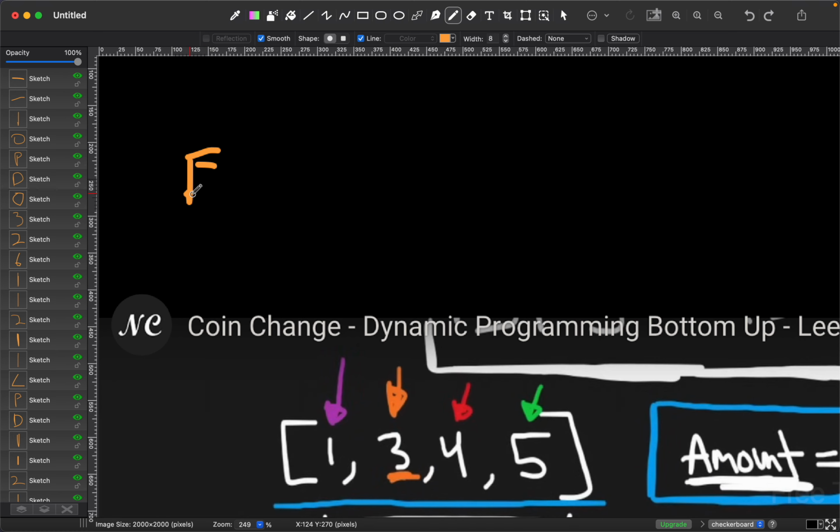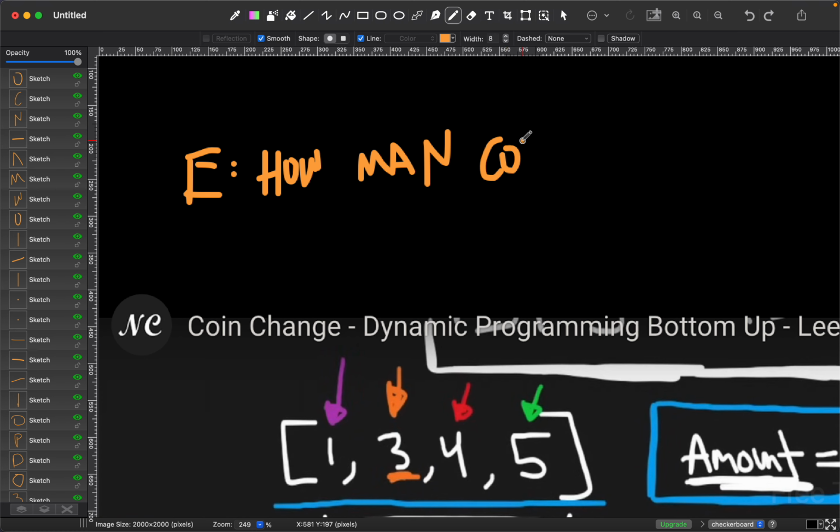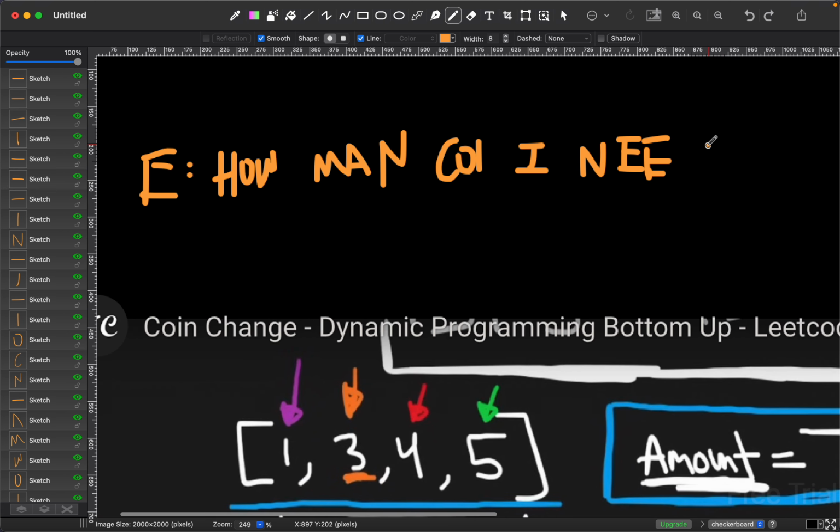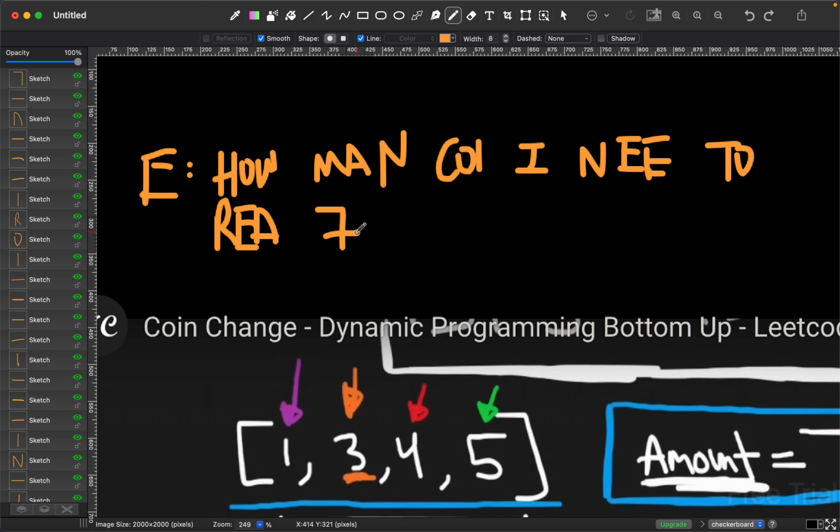Operation E: how many coins I need to reach 7. And this 7 is basically my rule book's core objective.